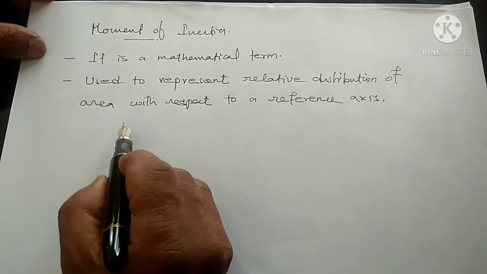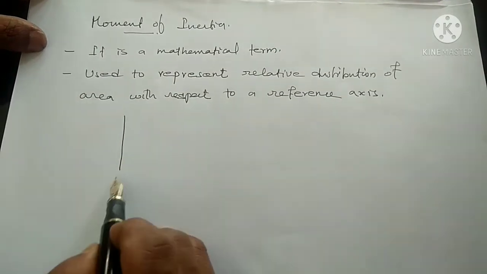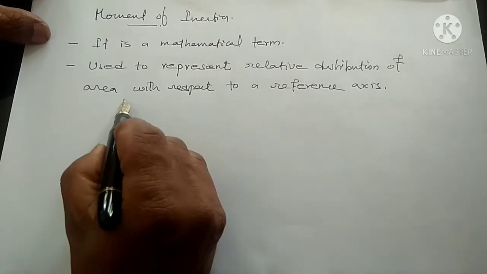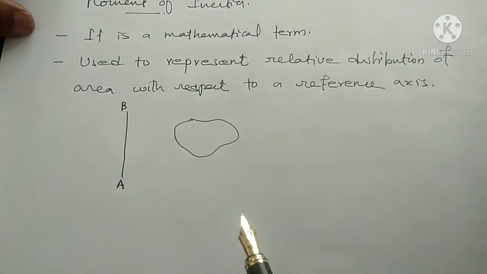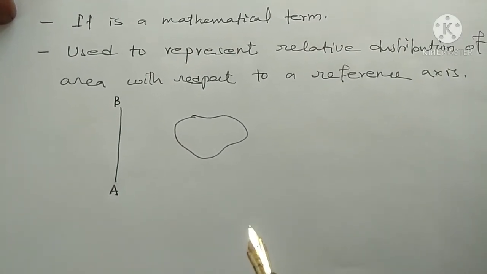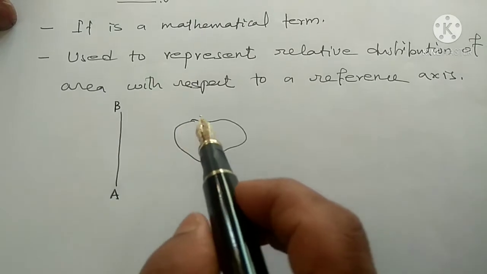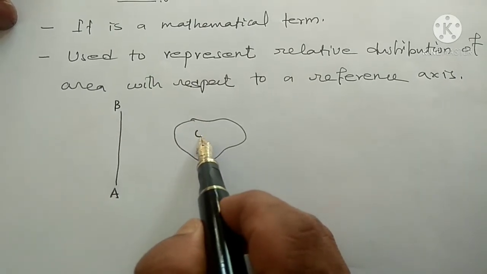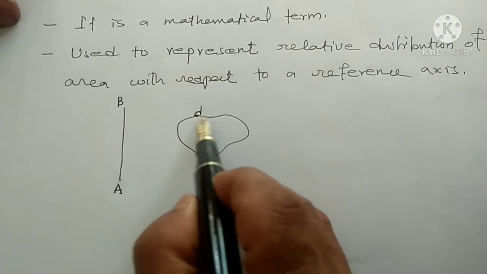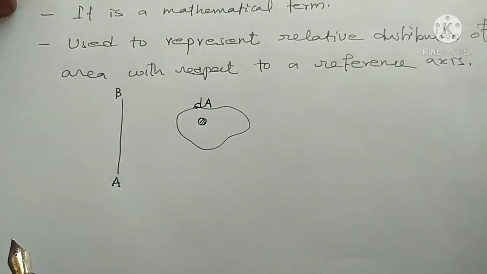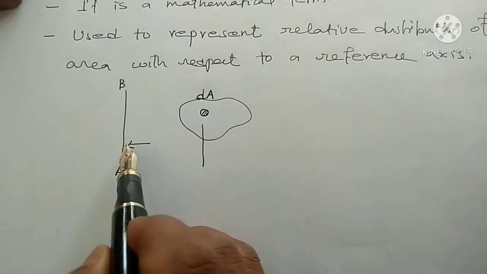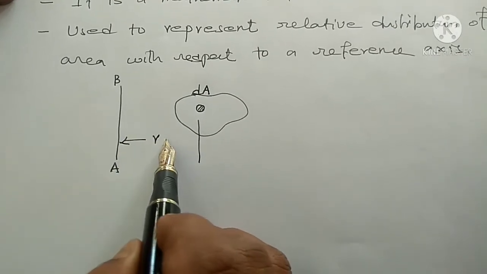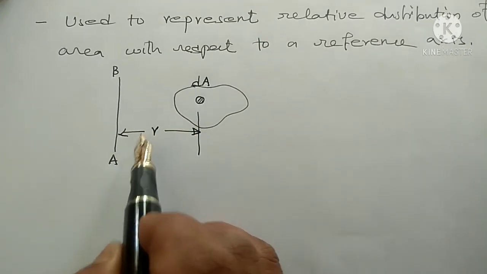For example, suppose we are having a reference axis AB. We are having an area somewhat like this. Then suppose we are having a small area dA. This dA is at a distance r from this reference axis.